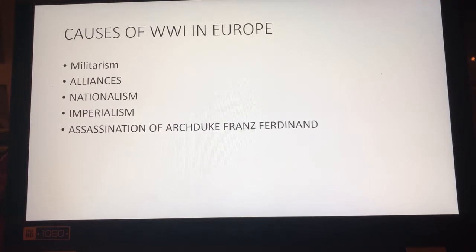What we're looking at here is what caused the war in Europe. These will not be the causes of why the U.S. gets involved. So what we're going to look at is documents on why the U.S. didn't get involved in the first place, and then what historical events urged the Americans to get involved in World War I.